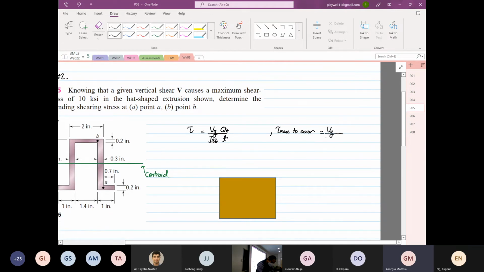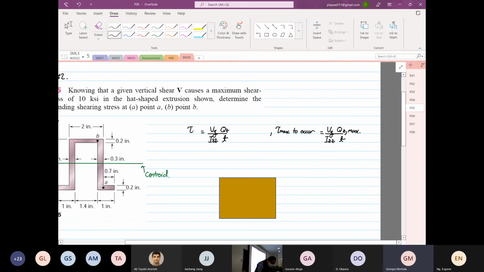Ideally, there are two cases where tau max will occur. One is where you have Q max, or Qz max, divided by t. This is situation number one.